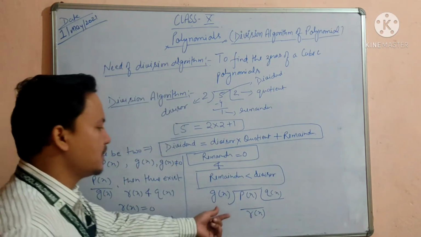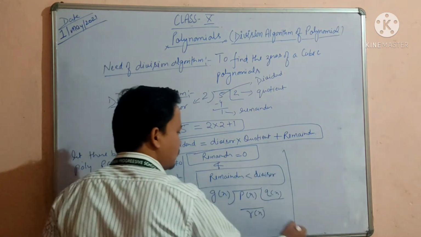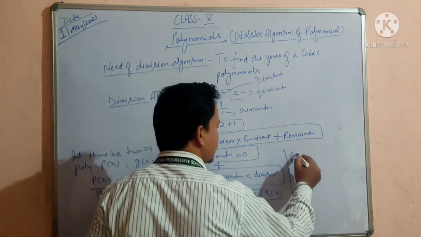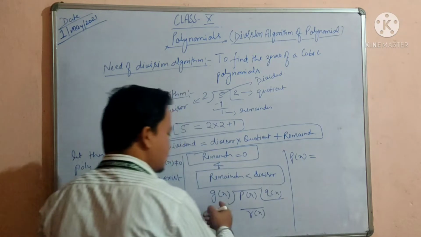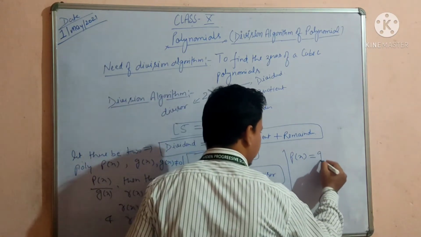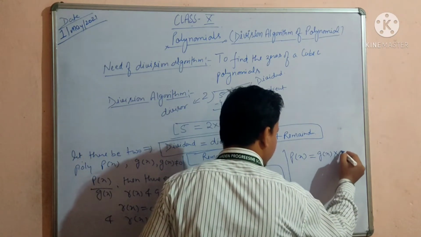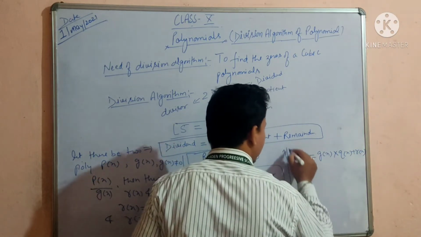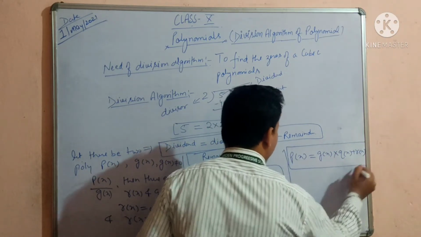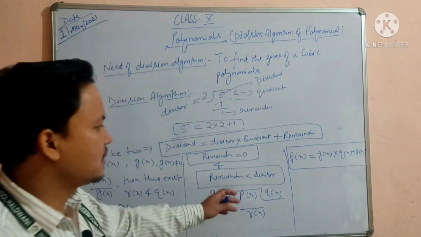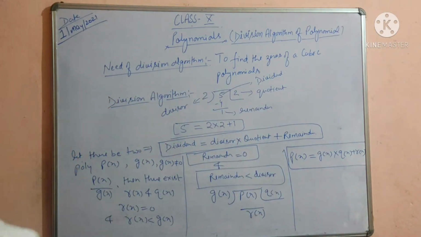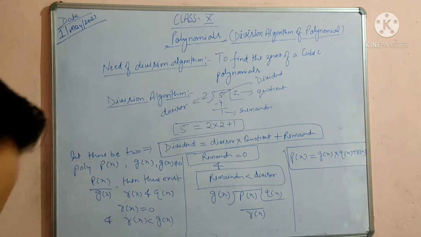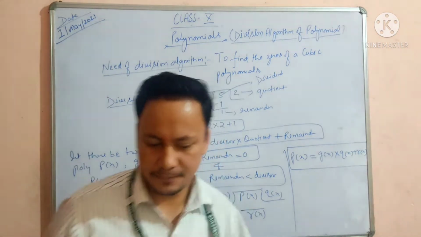Then in statement form we can write it as p(x) is equal to g(x) into q(x) plus r(x). This is called the division algorithm of polynomials.